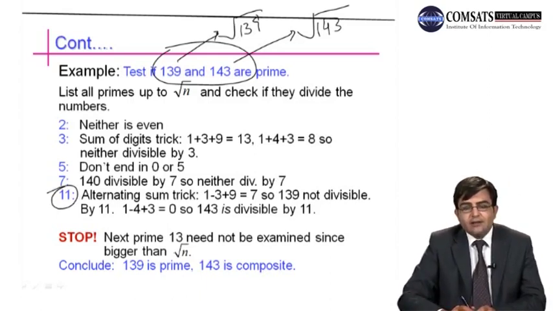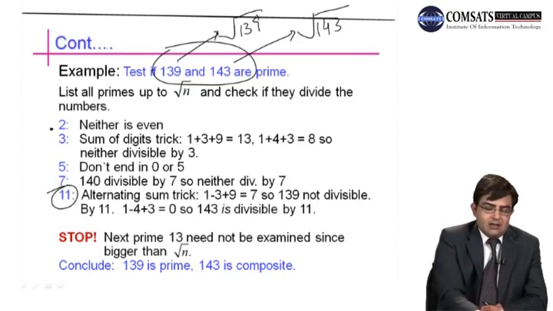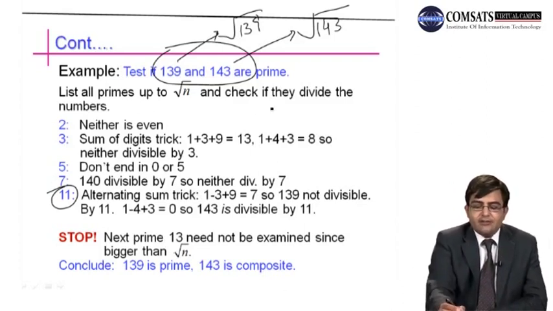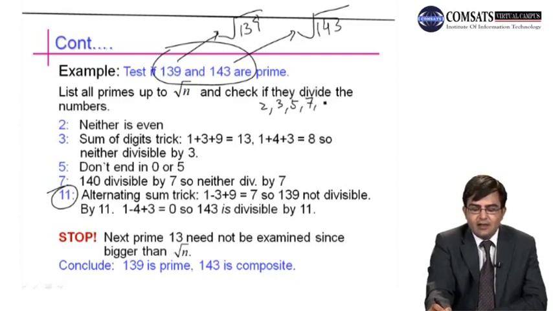So we check all the prime numbers which are less than or equal to 11 to prove whether 139 is prime or not. Again, also for 143. All the prime numbers which are less than or equal to 11 are 2, 3, 5, 7 and 11.